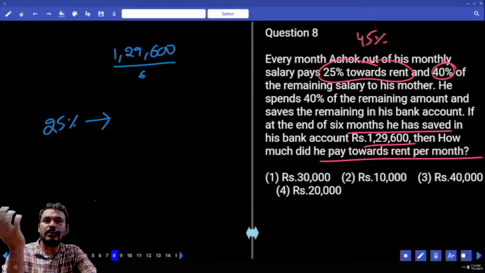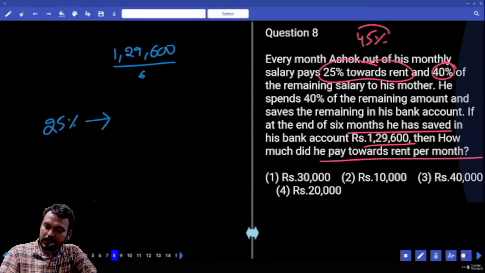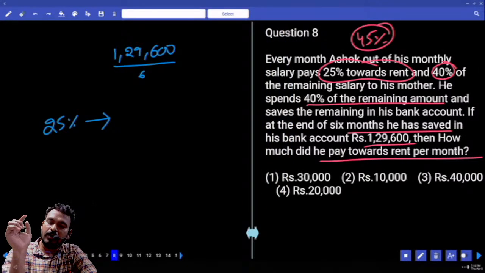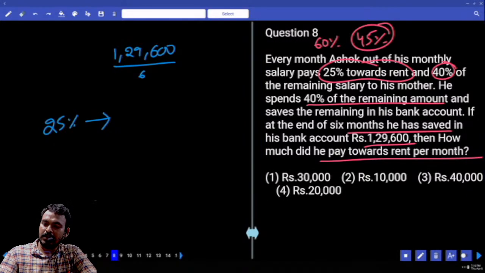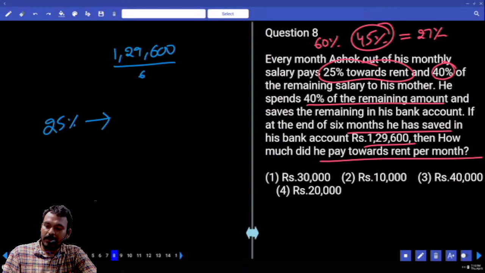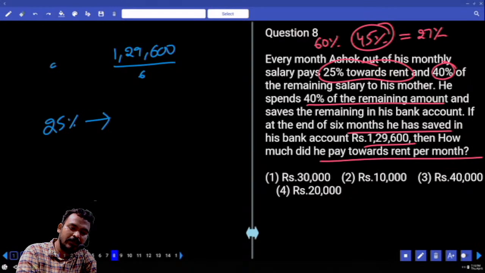What is 60% of 75? 45%. In that 45, again how much percent is spent? 40%. Out of 45, 40% is complete. What is the remaining? 60% of which one? 45. What is 60% of 45? 27%. That 27% is the savings value.